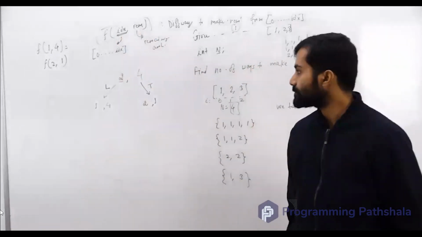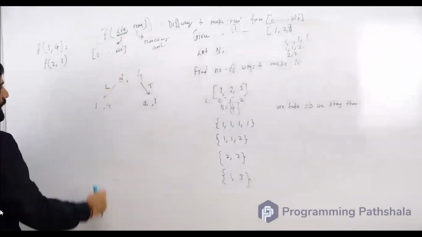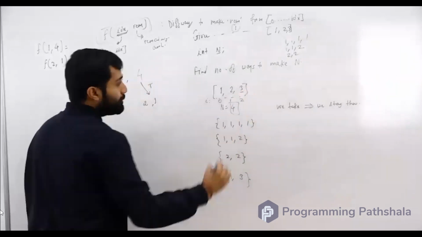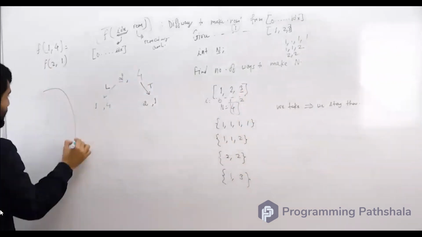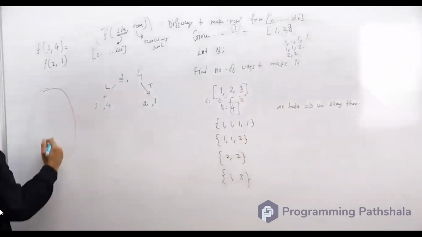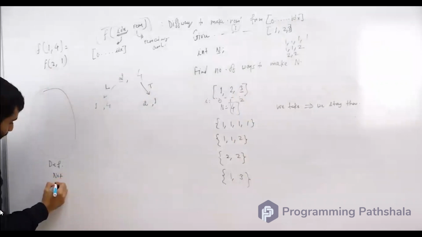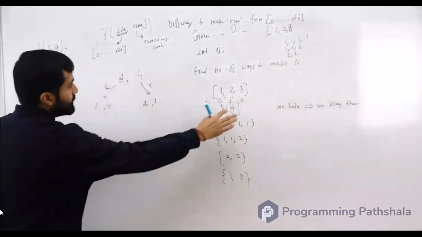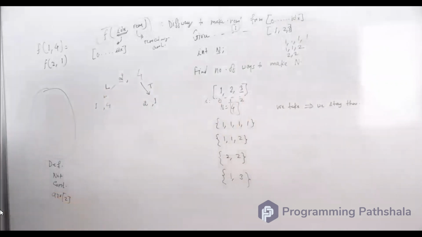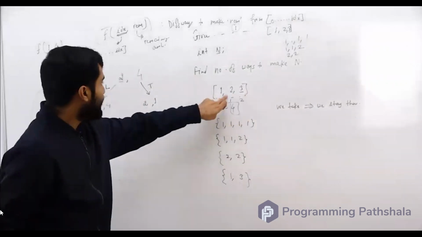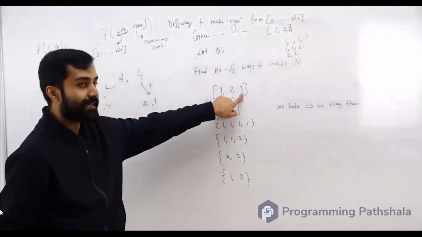Okay, good. Now, if you have really understood the meaning of f of idx comma remaining, let me come to the point. When you made this transition, you rejected this element completely. That means all the combinations of coins that you get over here will definitely not contain this element, array of 2, because you left it and moved ahead.